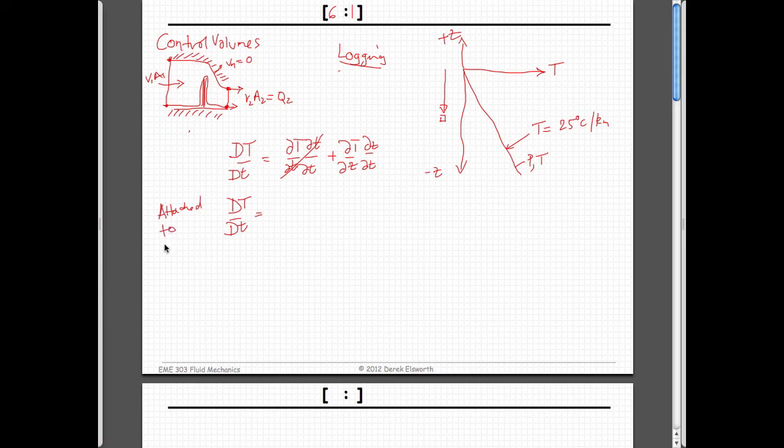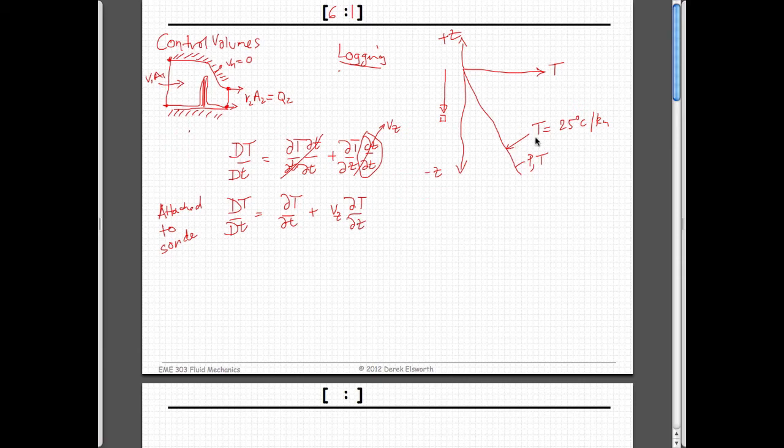It's going to be equal to how the temperature changes with time, plus, what's this parameter here? This is the velocity in the z direction, so velocity in the z direction times the rate of change of temperature with the z direction, not time.